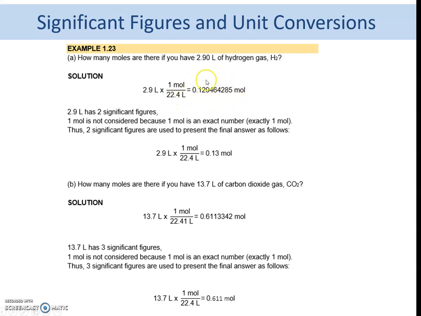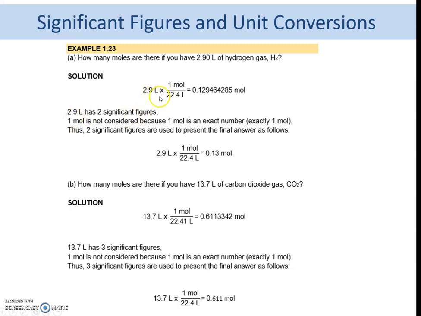So this is the answer that is given in your calculator. Since 2.90 liters is a measured number, we have to consider the significant figures of this value to write our final answer.